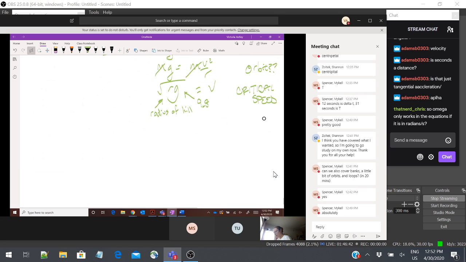And so generally for any loop, your net force is equal to mass times acceleration. For a vertical loop, you have to consider gravity.